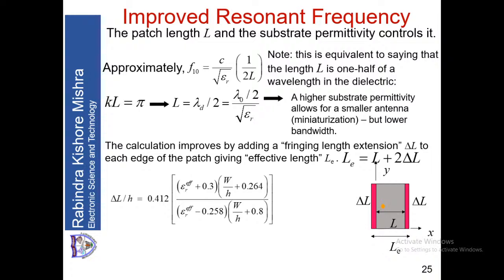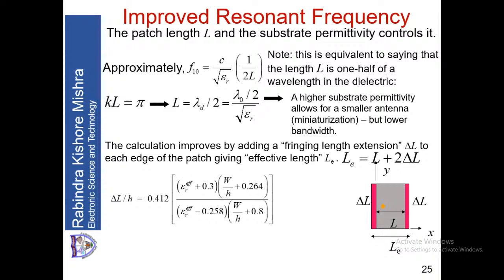One is the free space above the patch and the other is the dielectric substrate below the patch. So what is the dielectric constant of those two dielectrics? One has one value, the other has another value. So what will be the net value? The net value will stay between these two.